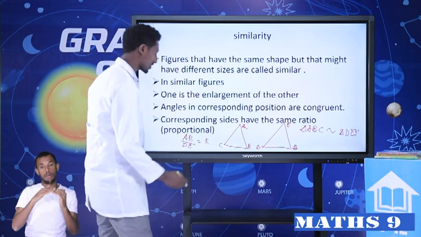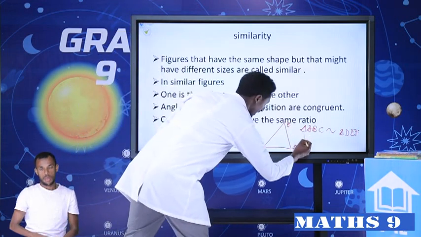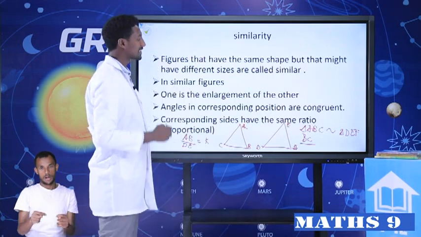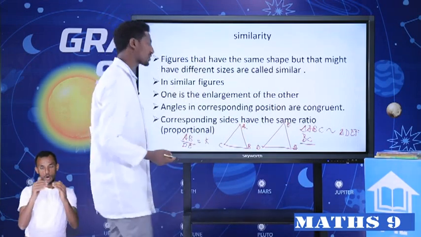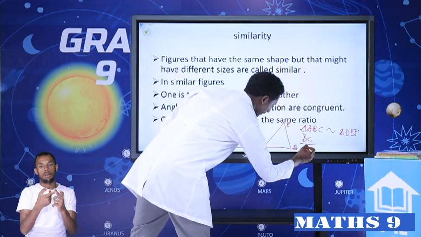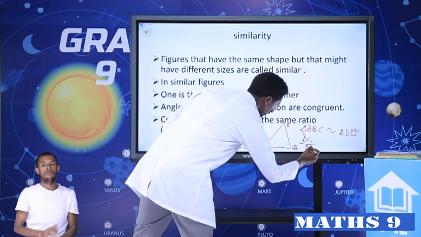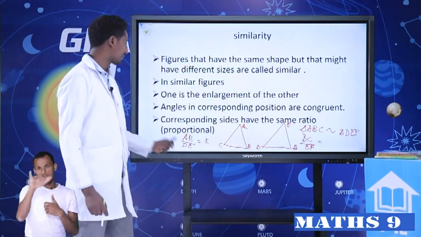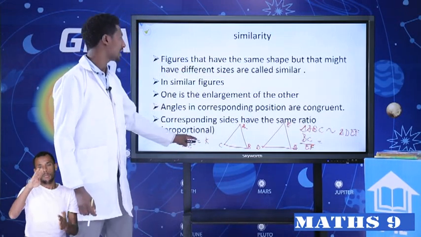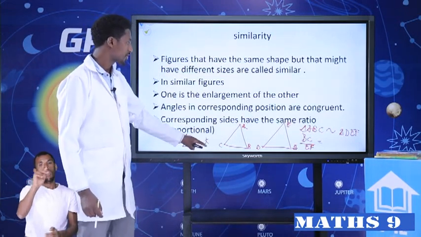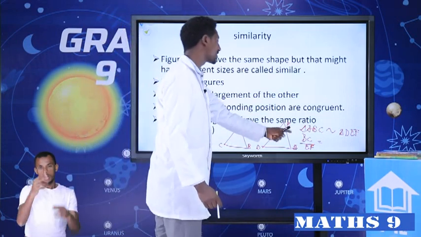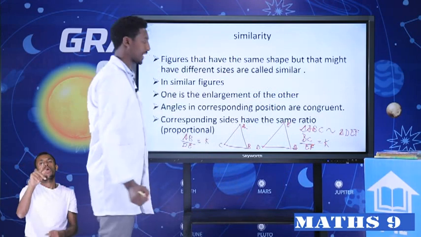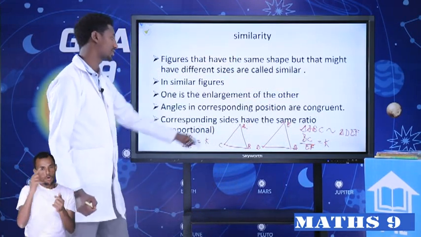And similarly, BC is another side of the first triangle, and the corresponding side of the second triangle is EF. So they must have the same ratio, meaning AB over DE equals K. Similarly, the ratio of BC to EF must be equal to K.